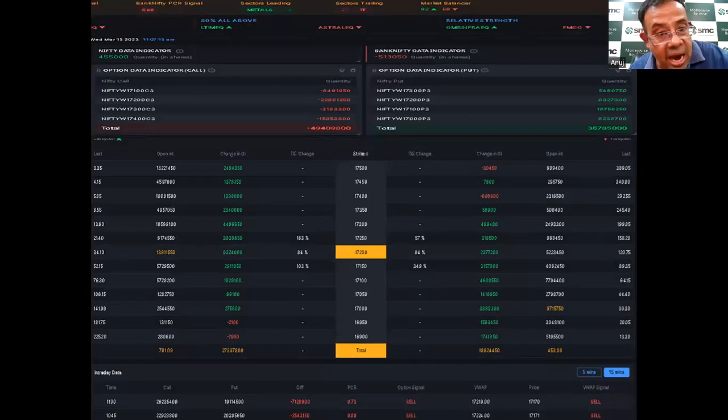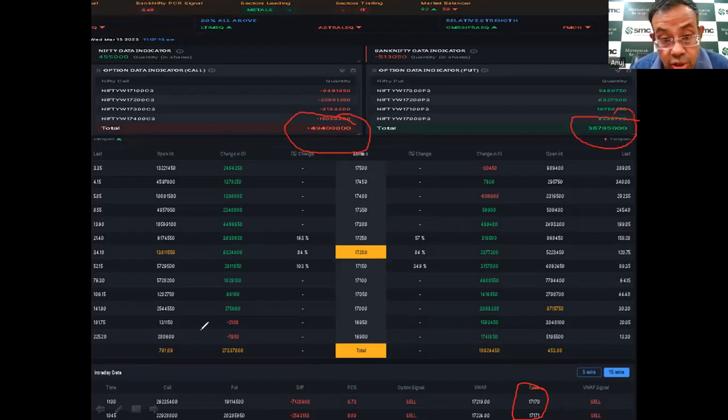Now again, at 11, in the price action there was no such change, as you can see over here: 17,171 and 17,170, hardly any change. But if you closely look at 4 crores 94 lakhs, 3 crores 67 lakhs, there is a change.